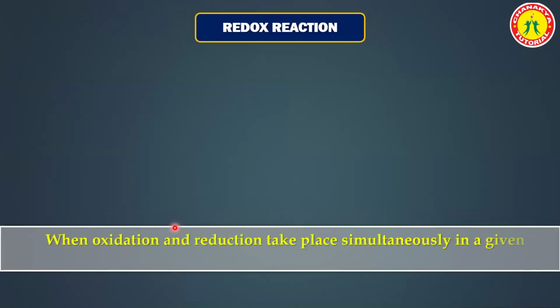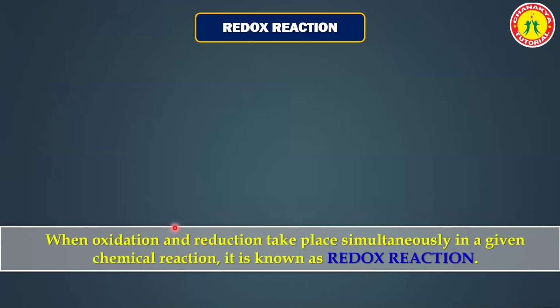That is, both oxidation and reduction are taking place in the same chemical reaction at the same time, that is simultaneously. Let's explain it with an example. If we see this CuO, it gives rise to only copper. That is, there is removal of oxygen, and removal of oxygen is reduction. But if we see hydrogen to water molecule, there is addition of oxygen, and addition of oxygen is oxidation.